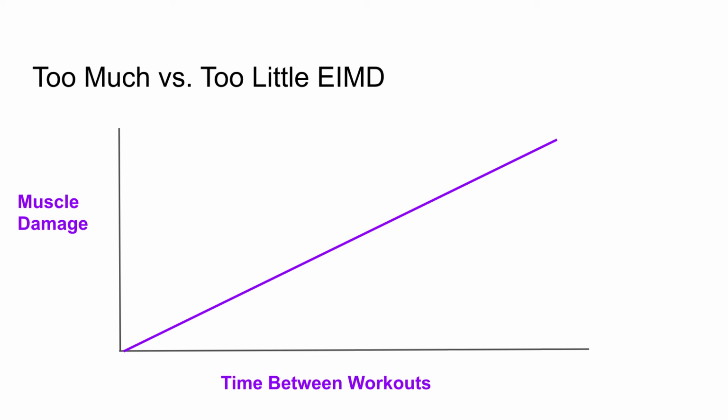This graph shows how as muscle damage increases, so does the time needed between sessions. It's important to also note that too little muscle damage simply does not create enough of an inflammatory response and won't create a hypertrophic response.